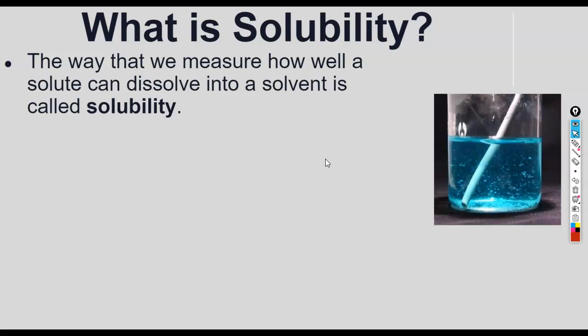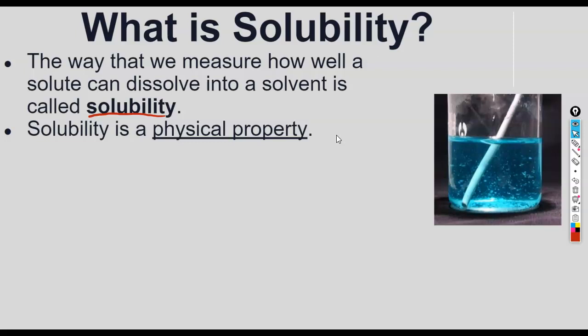And some things dissolve easier than other things. The way that we measure how easily a solute can dissolve into a solvent is with what's called solubility. Solubility is basically a number that tells us how easy it is for a solute to dissolve in something.